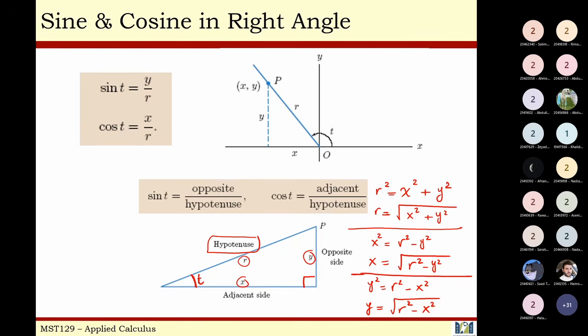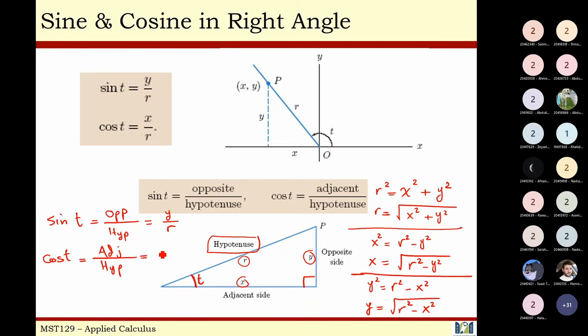Now, we also have the tan, sine, and cosine from the right triangle, using the angle T. The sine of T equals what? Equals the opposite over hypotenuse. This is equal to Y over R. And the cosine of T equals adjacent over hypotenuse.